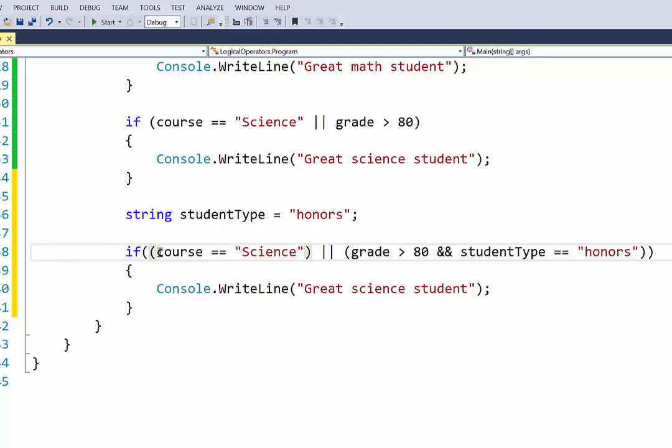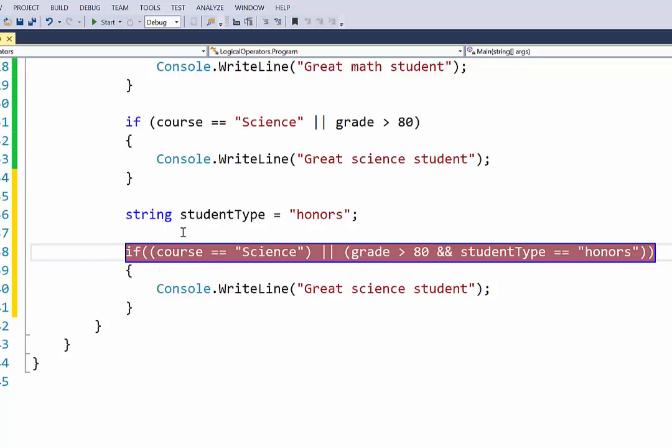So in this case, we're asking if the course is equal to science, or we have a whole other condition over here using the conditional AND. So if grade is greater than 80 and the student type is honors, then this would still evaluate to true. Since these two statements are grouped into one set of parentheses, they will be evaluated as a whole unit.